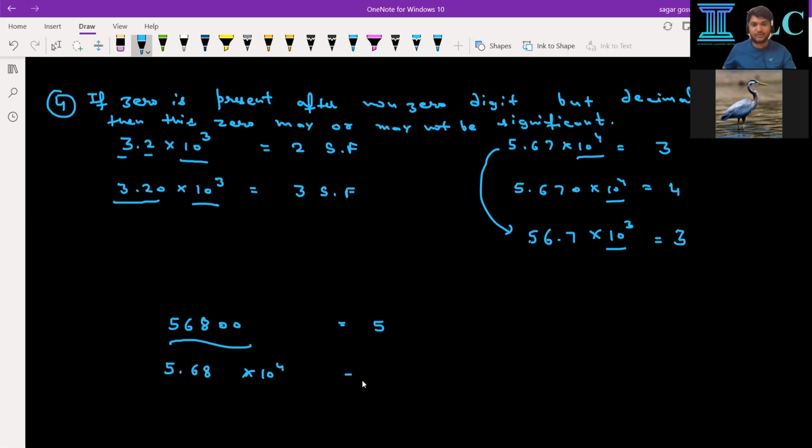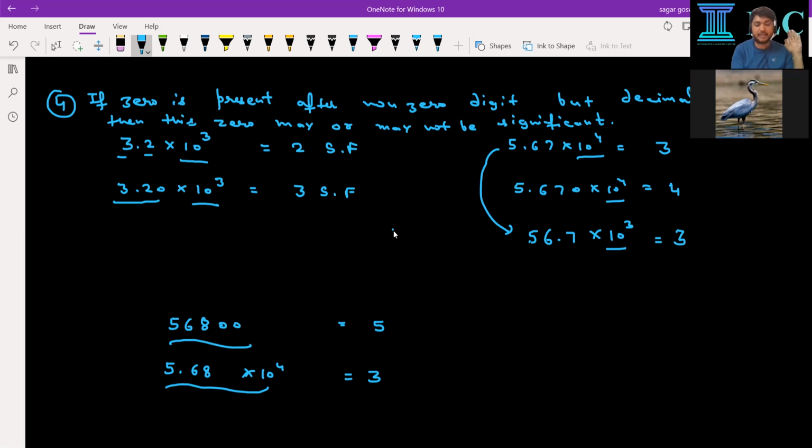Now it has three significant figures. It means it depends completely on our notation, in which way I am writing my digits. It is depending on me only. So this is all about significant figures. Any doubt here?